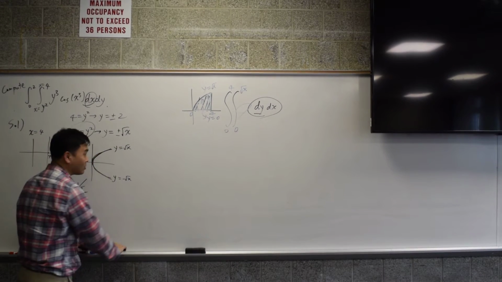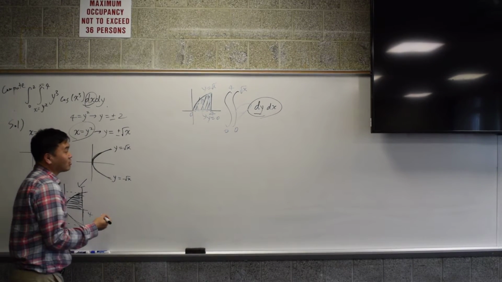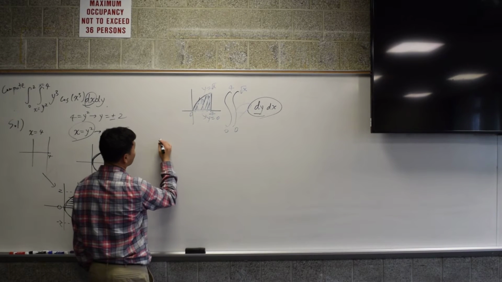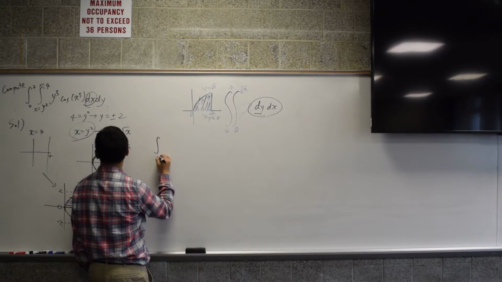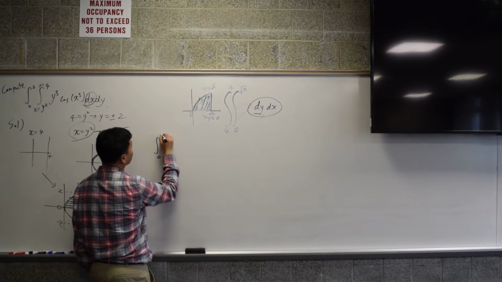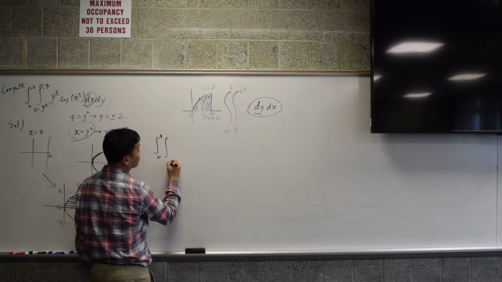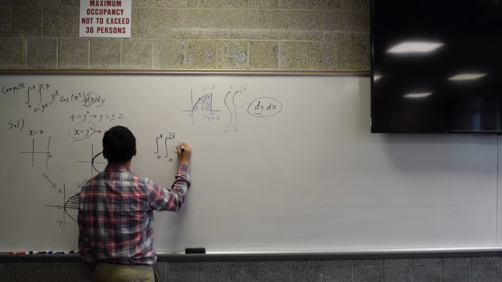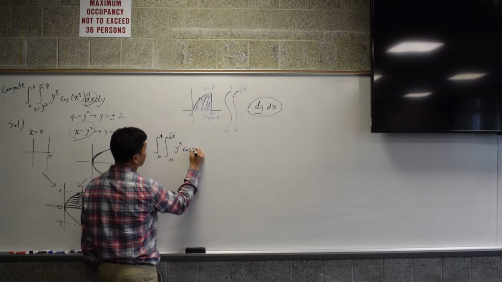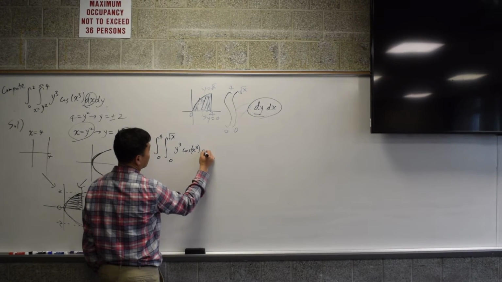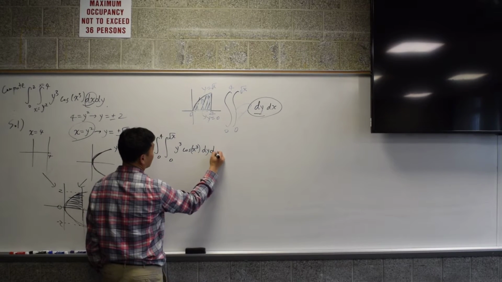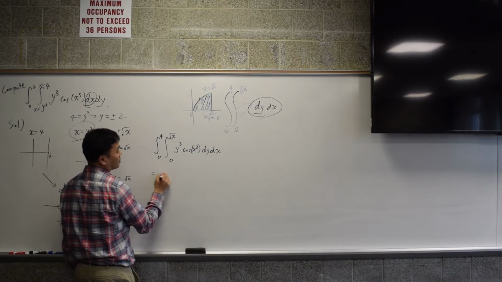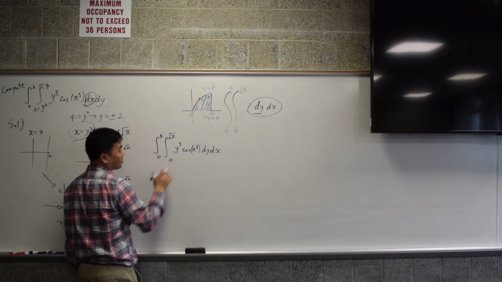So let's actually write down the resulting integral, and we can calculate it. What are we getting? We have 0 to 4, 0 to square root of x, y cubed cosine x cubed dy dx. And that one is really easy to integrate.